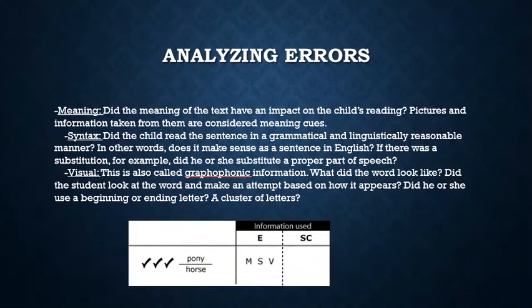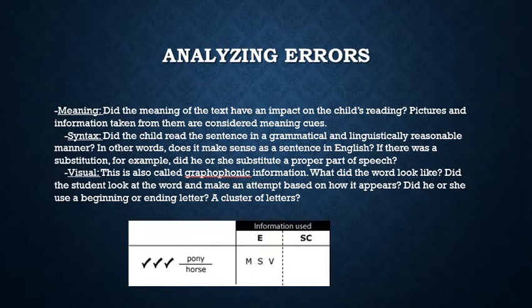So if they said house instead of horse, because possibly they were reading too fast, or did they just say a whole bunch of letters that did not make sense in that sentence? By looking at this example, this is not the case. The child looked at horse and thought of another word for horse that they said instead. So we would not mark visual.